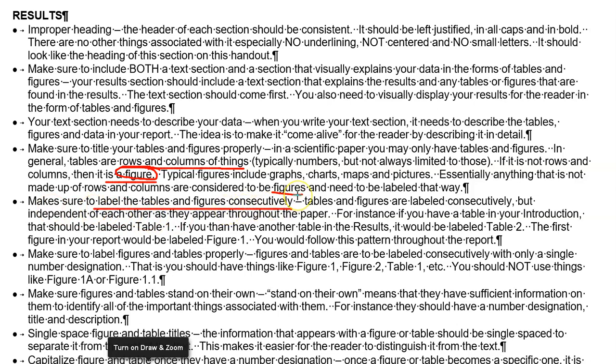Tables and figures are numbered independently throughout the paper. So if you decide you're going to discuss glucose in your introduction, and you think it's important to have a diagram of glucose, like a Fisher projection showing what it looks like, then you would call that figure 1, because it's not a table, it's not rows and columns.